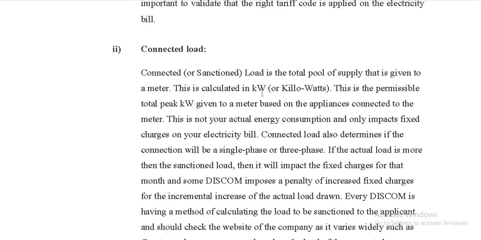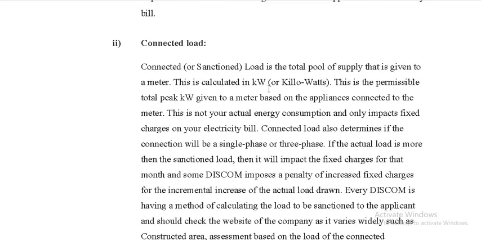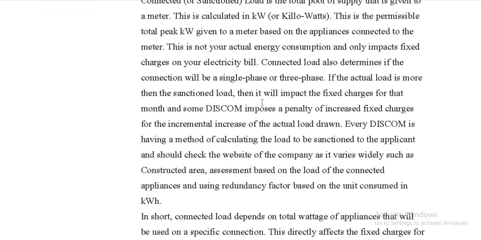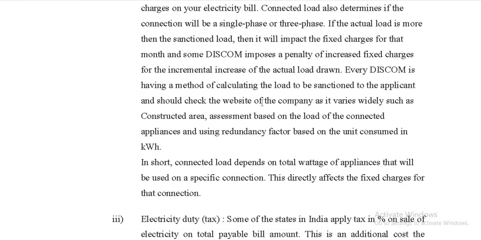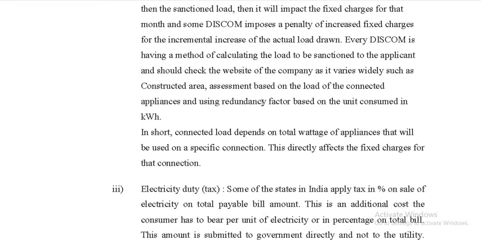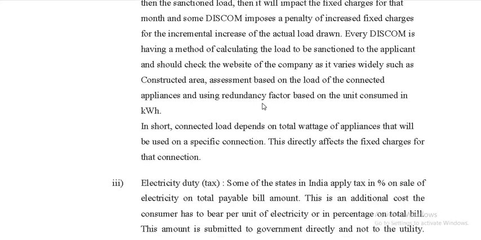So this is actually pre-calculated. When you get a sanction, the state electricity board sanctions this connected load. So you should not exceed that connected load, otherwise there is a problem, isn't it?